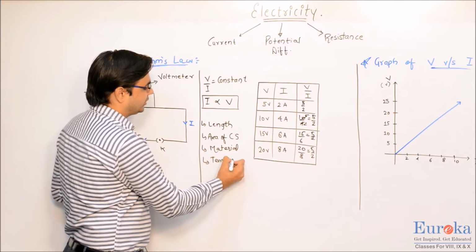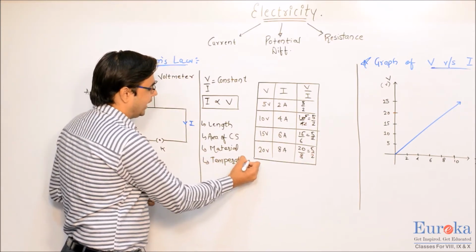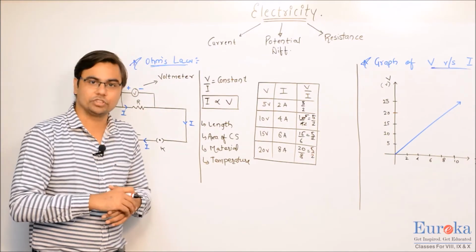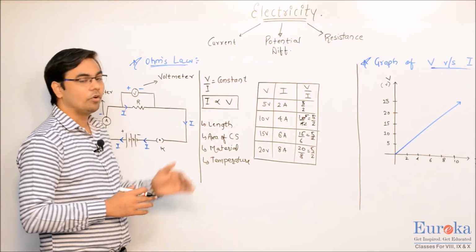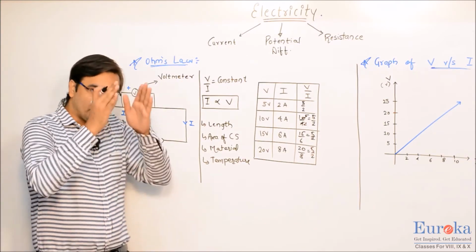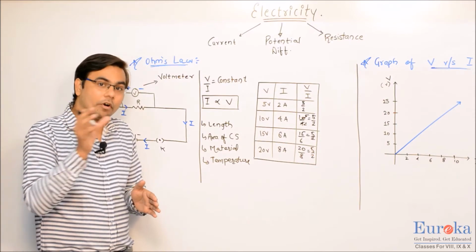If any of these things is changed, then the relation between I and V does not remain constant. That means the ratio will not be constant anymore. And so to ensure a proper statement for Ohm's law, we modify it a bit.